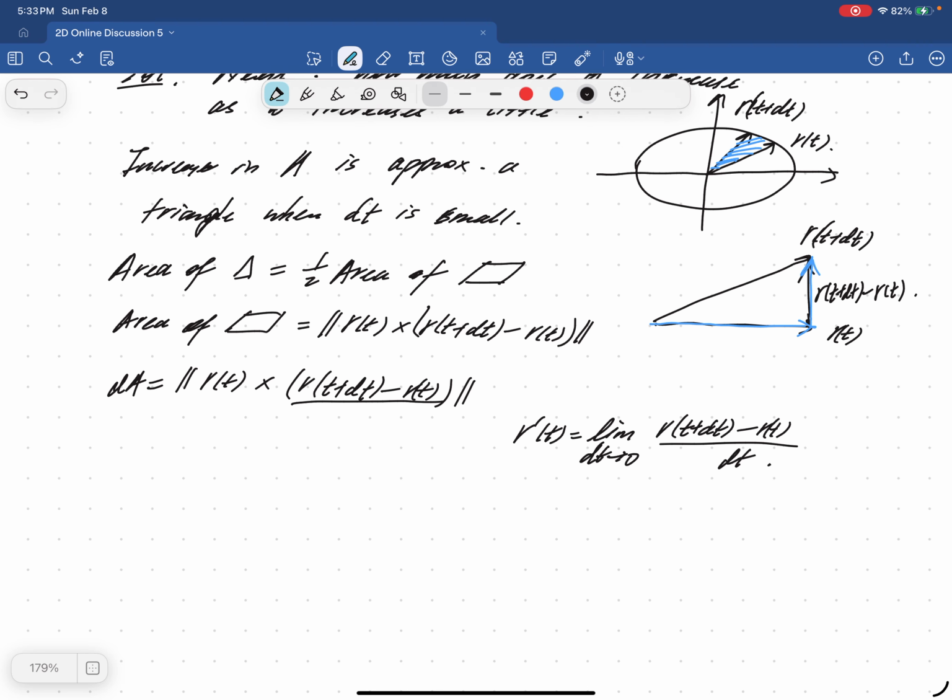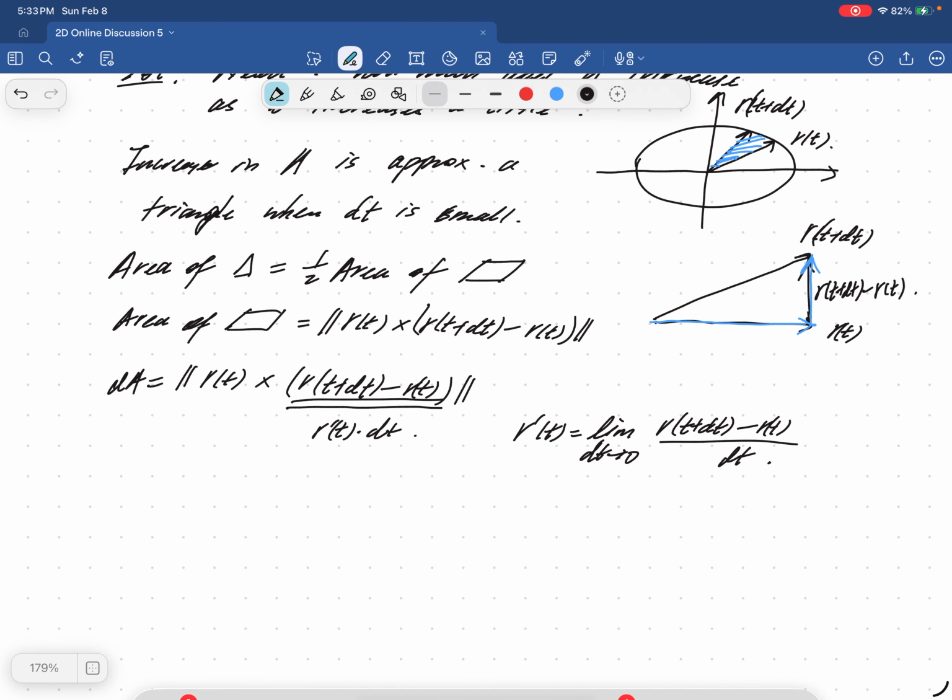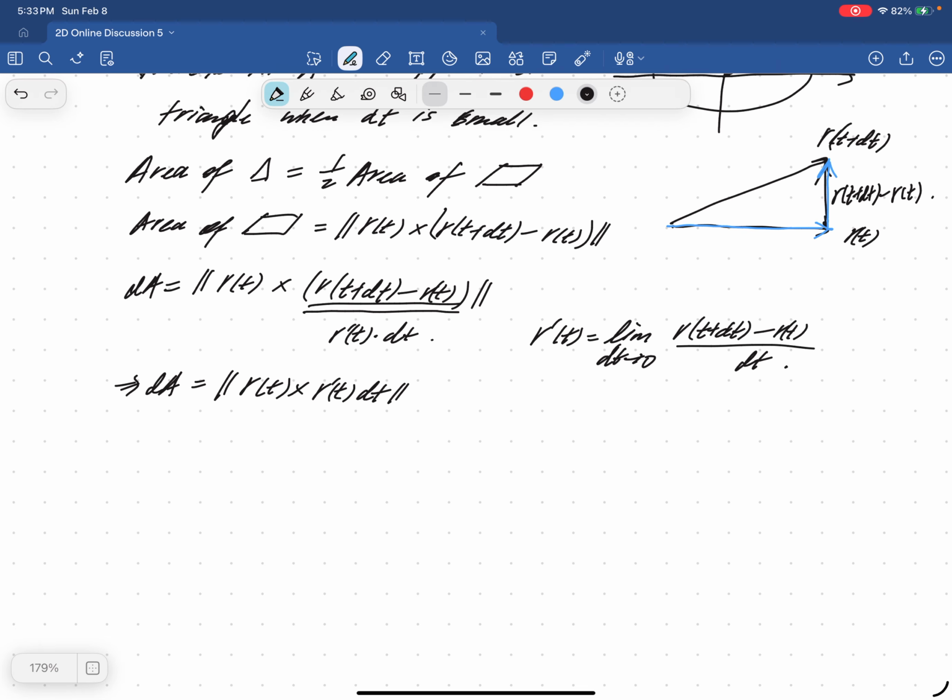Therefore this quantity is just going to be r'(t) dt. Therefore dA is the size of r(t) cross r'(t) dt, and dividing by dt on both sides, I get dA/dt is just the size of r(t) cross r'(t).